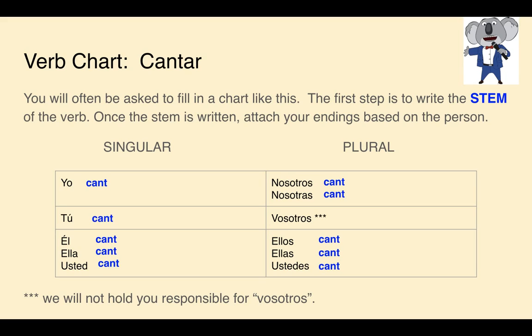So you should have cant in all of the boxes. Then we need to put on our verb endings. So go ahead and fill in the yo form of the verb.